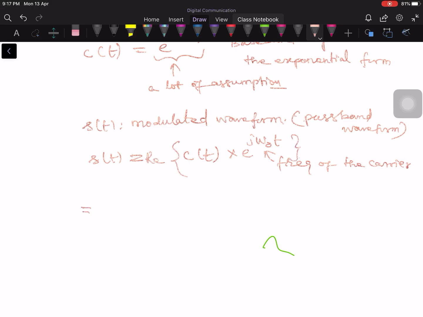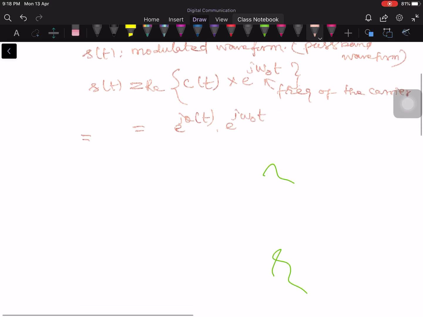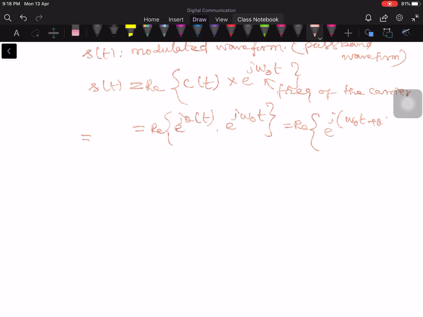So this is equal to C of t, which is e power j theta of t, times e power j omega naught t, and take the real part of that. This is equal to the real part of e power j times omega naught t plus theta of t.